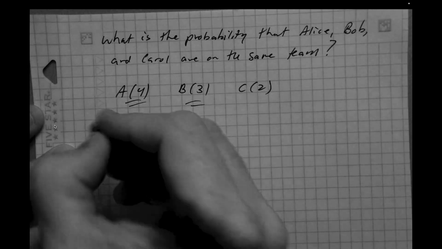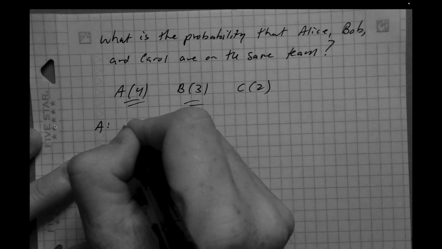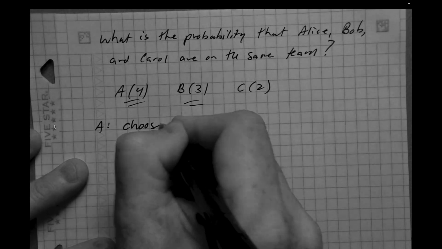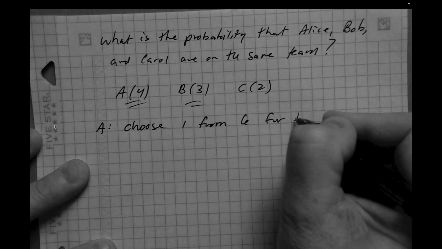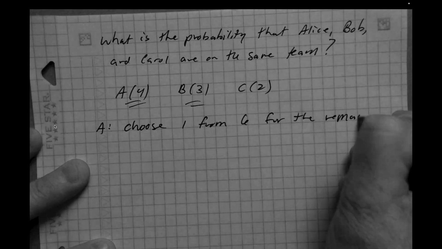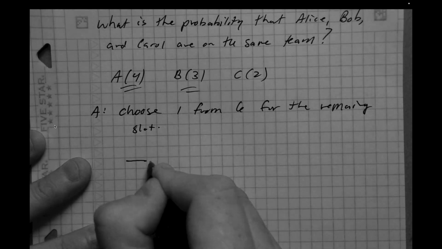All right, so let's think about team A first. Team A has 4 people. 3 of them are selected: Alice, Bob, and Carol. So you've got 1 person remaining on team A. So we basically need to choose 1 from 6 for the remaining slot. Let's visualize this.